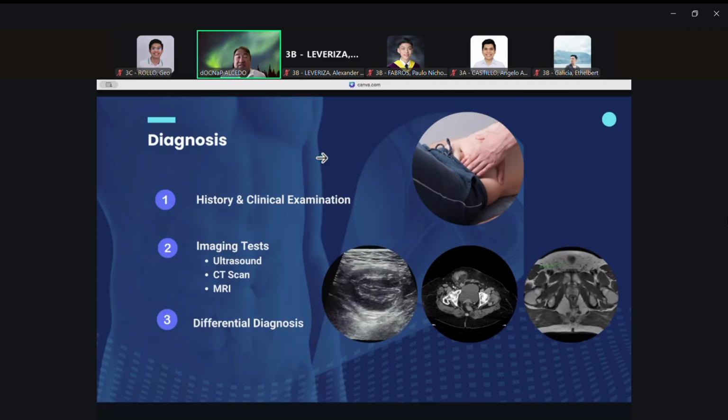But in instances where there is doubt as to whether this is indeed a hernia, then we can resort to imaging studies, which can include an ultrasound, a CT scan, or an MRI. And hopefully, these imaging studies would help us rule out the differential diagnosis.